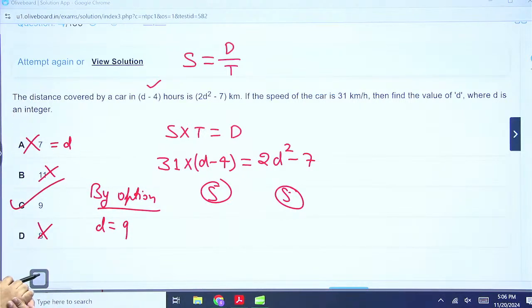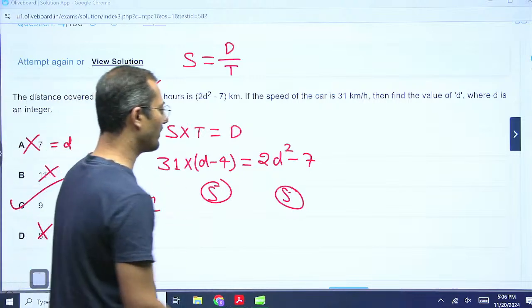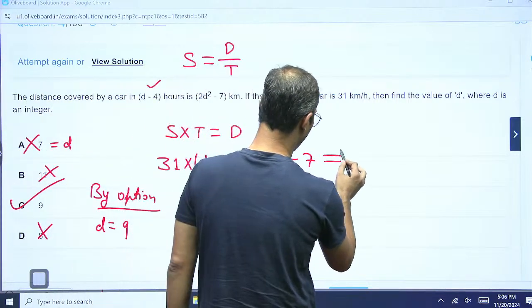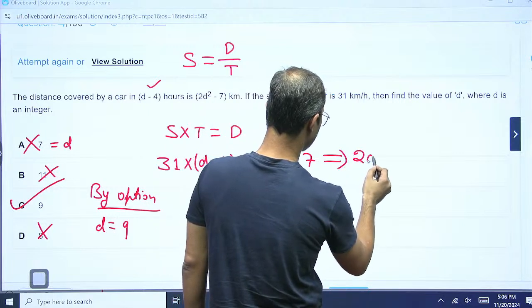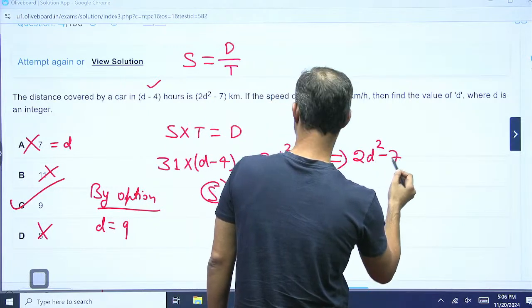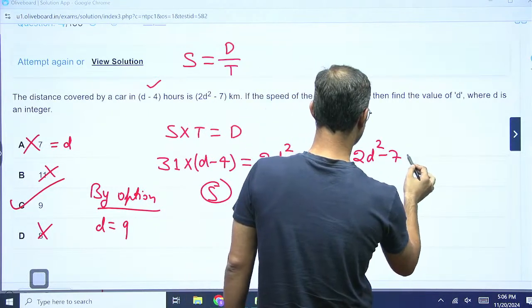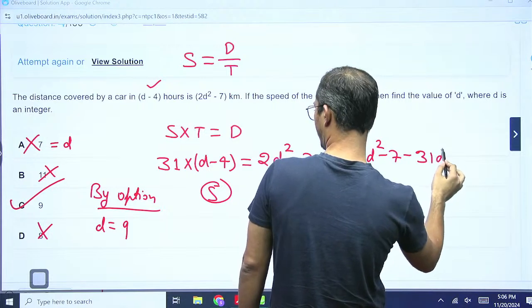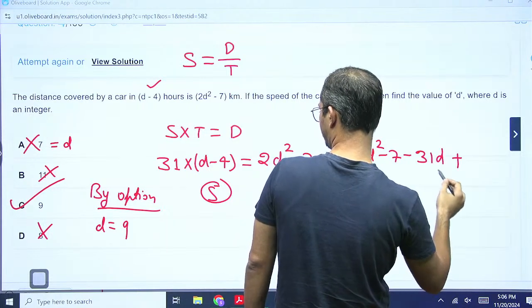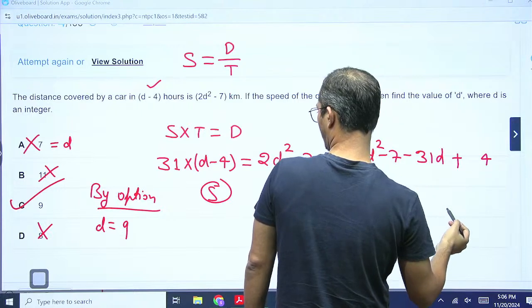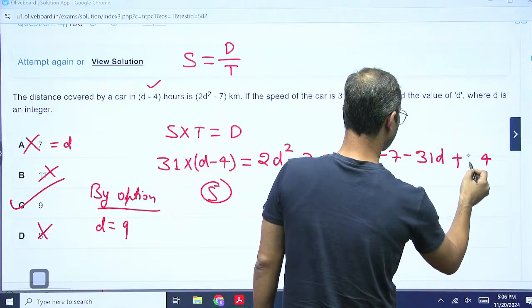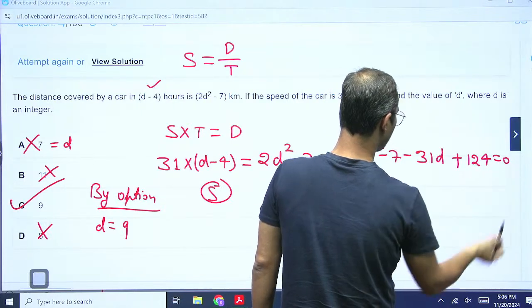We are not going to solve it completely, but if you want to solve it, you can. Transferring, you will get 2d square minus 7 minus 31d plus 124 is equal to 0, which becomes 2d square minus 31d plus 117 is equal to 0.